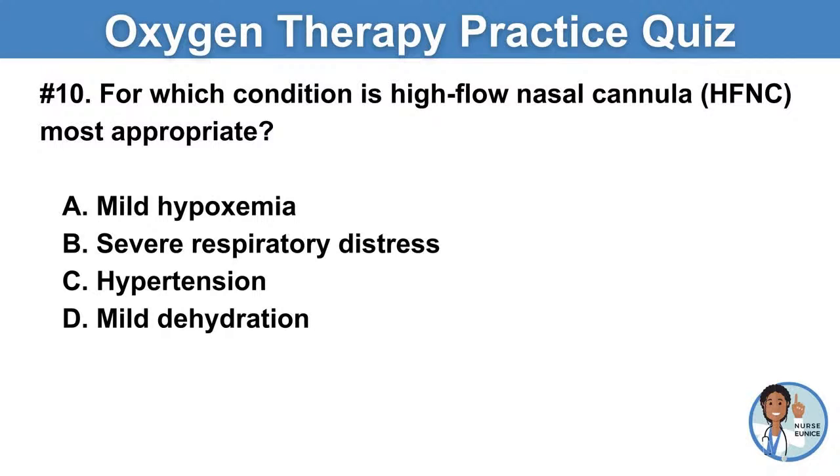Number 10, for which condition is high flow nasal cannula most appropriate? Is it mild hypoxemia, severe respiratory distress, hypertension, or mild dehydration? So remember, this was the high powered one that went up to like 60 liters per minute.